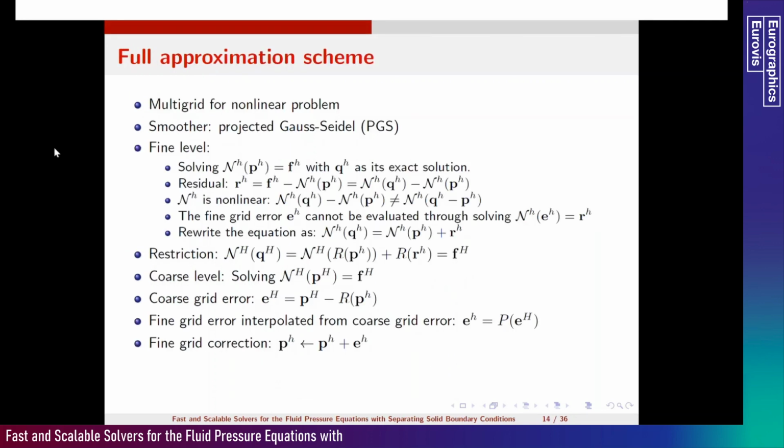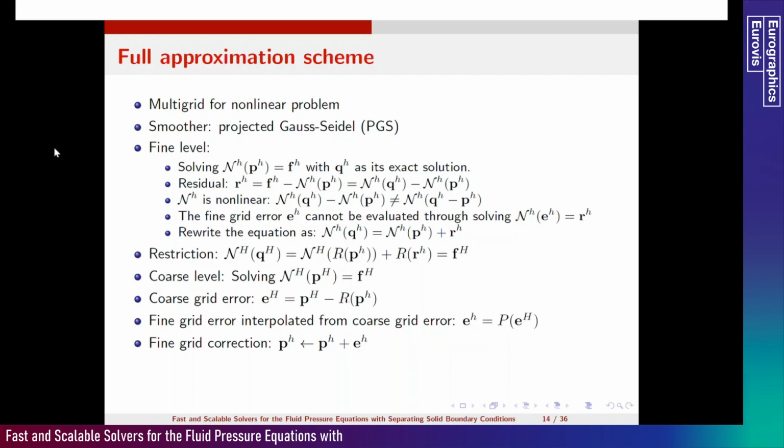As the problem we are solving is nonlinear, we use the full approximation scheme multigrid, which is different from the linear one. We use the projective Gauss-Seidel as the smoother at the fine level and the solver at the coarsest level. On the fine grid, because the operator N is nonlinear, the error equation may not hold, and we cannot restrict the error equation into the coarse level directly.